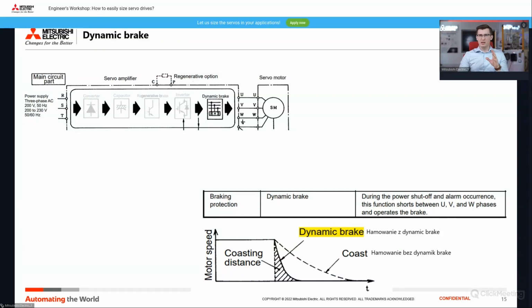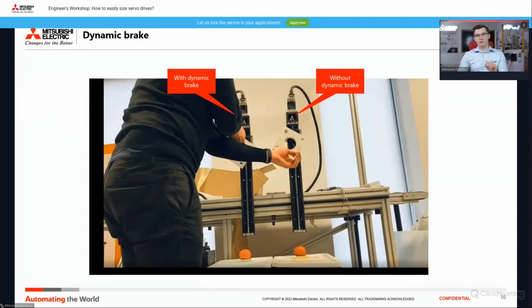The easiest way to show it is on the video. On this video, you have two axes. On the right, you have the axis without the dynamic brake, and on the left, you have the axis with the dynamic brake. They are vertical axes. As you can imagine, when the power is cut off, the load will fall.